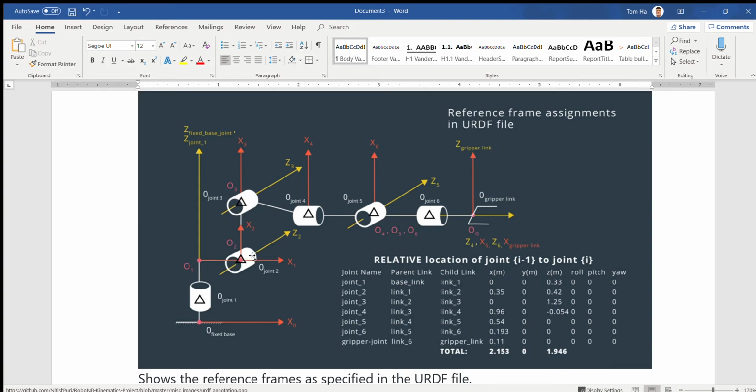And continue. We go to joint 2, joint 3 right here. Joint 3, this means they go up in Z, right here, 0.125.